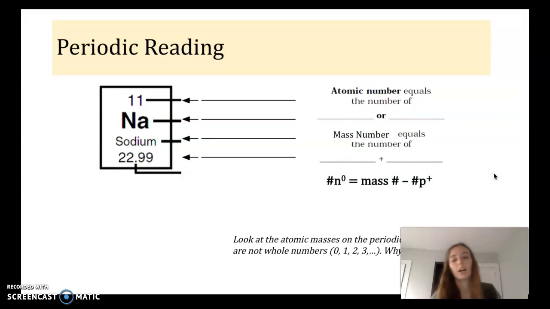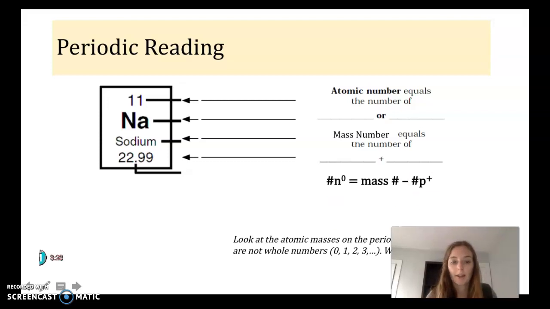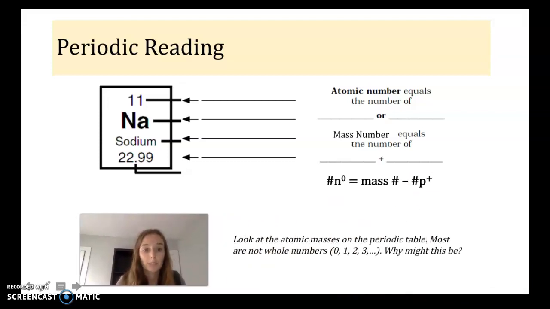We briefly talked before break about the periodic table of elements and how we can read the information that we have there. On the periodic table of elements, you should see a key towards the top that tells us what each of these numbers means. This number up here is the atomic number, and your atomic number is also the same as your number of protons, so make sure you're writing these notes down.